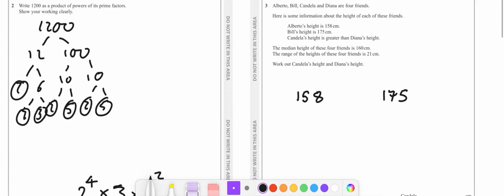So we know that if the median is 160, there's got to be another one in here.